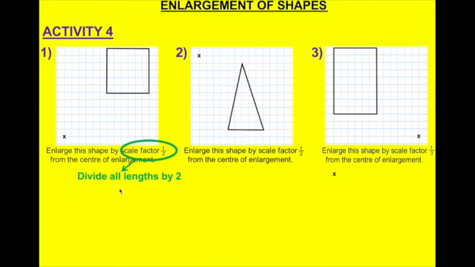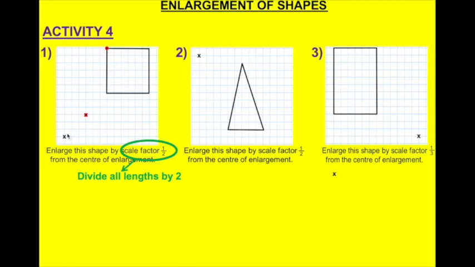This means that you divide all lengths by 2. Let's pick a point, that point there, which is 6 units to the right and 6 units up. You divide both of them by 2 or multiply both of them by half, same thing. So that becomes 3 and 3.